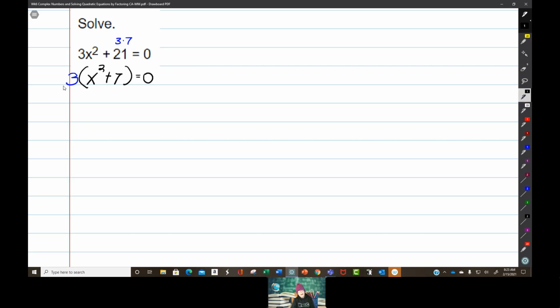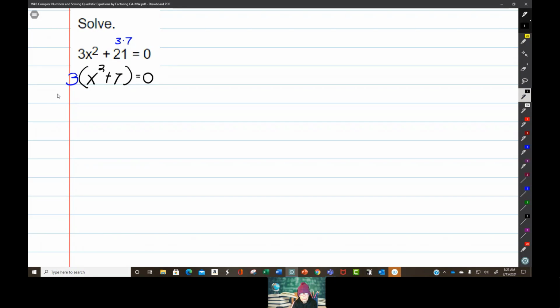Now we have 2 factors, and what we customarily do is set each factor equal to 0 and solve for the letter, which in this example is x. But notice that 3 is just a number. It doesn't have an x that can equal 0.